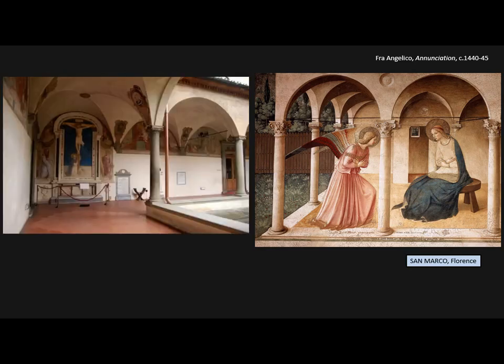And as we turn left, this is what we see, and you'll notice quite clearly that the architecture that Fra Angelico uses for his Annunciation, in fact, resembles quite closely the architecture of San Marco. It's as if the Annunciation is happening in the very space that the monks themselves inhabit. But it's important to remember that this was made for his home institution, the place where he lived and where he spent the rest of his life.